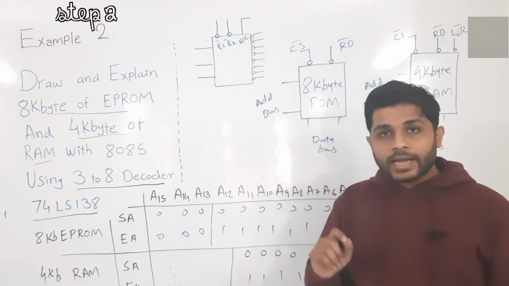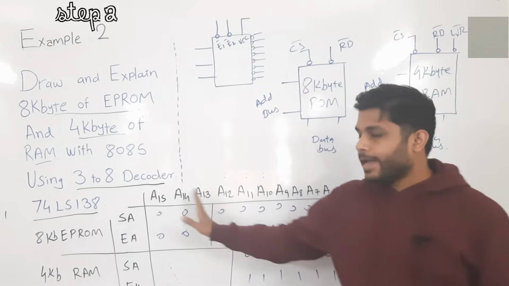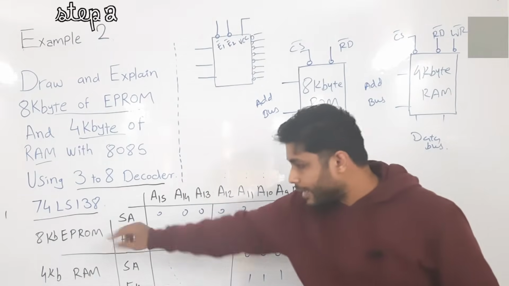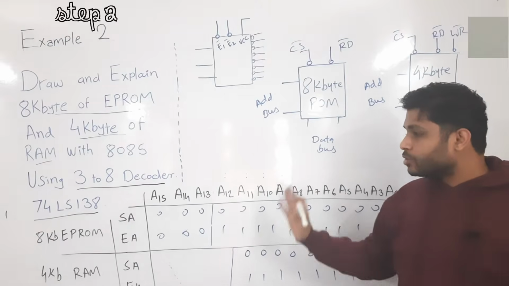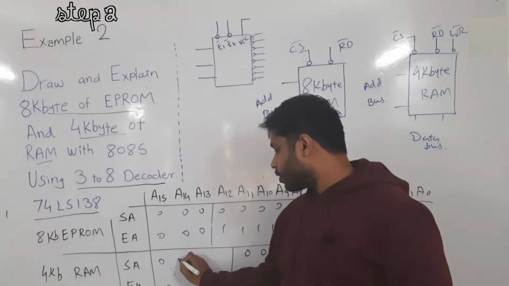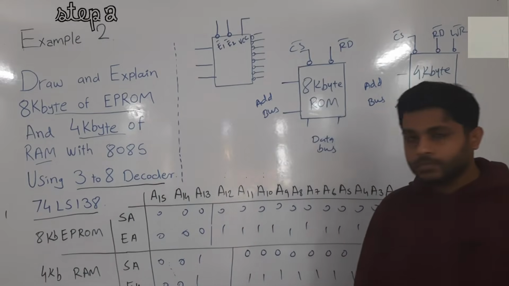But the difference is that no two chips can have the same value for the extra address lines. So 000 is used for the 8KB chip, so we cannot use 000 for the 4KB. For the 4KB we will set a different value, which is 001 and 001.